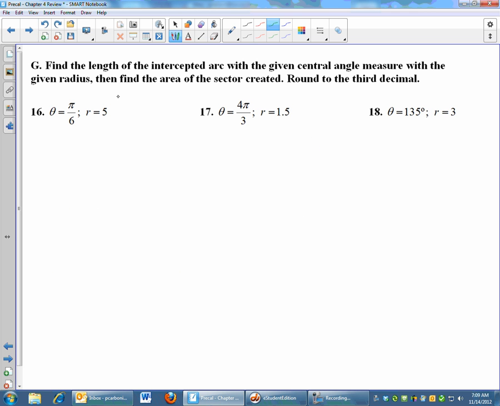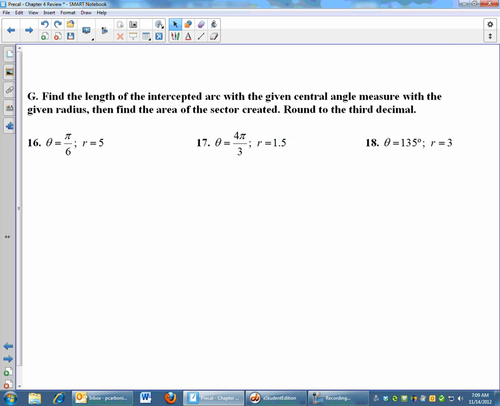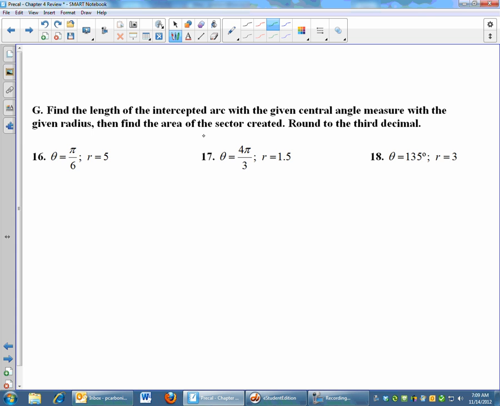Moving on. The length of the intercepted arc and the area of the sector. Okay, a few notes for you here. And we did this a while ago.